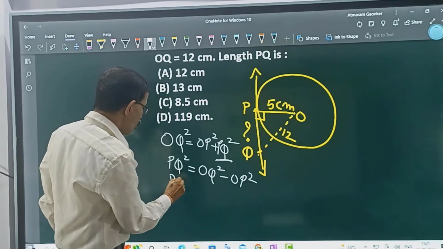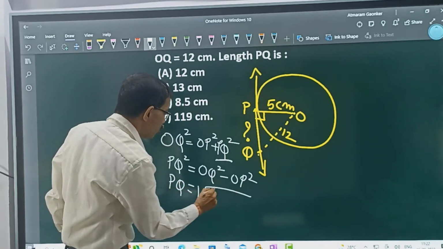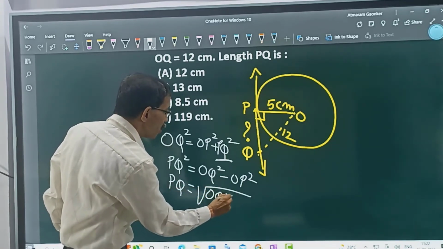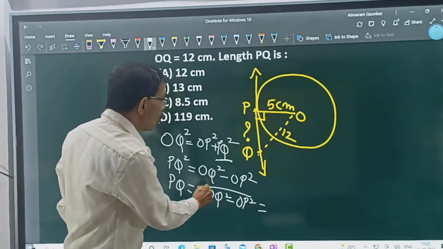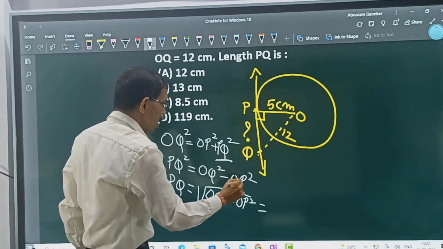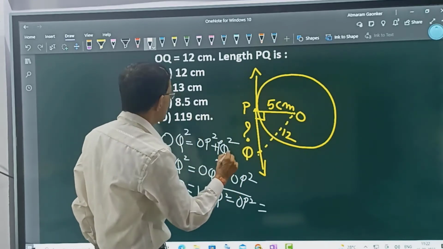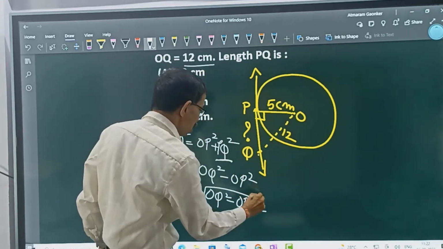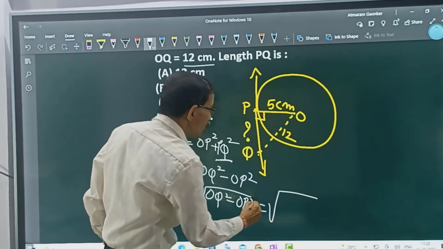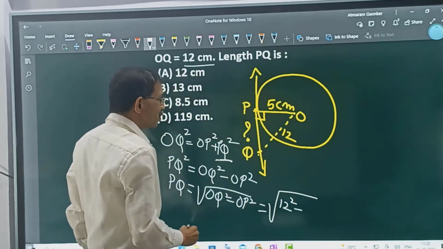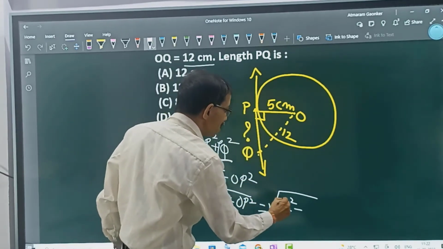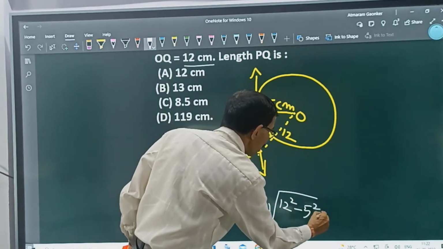So PQ will be equal to square root of OQ square minus OP square. Further, OQ is given to be 12 centimeters. So the length of OQ is 12 centimeters, so it is 12 square minus OP is 5 centimeters, so minus 5 square.